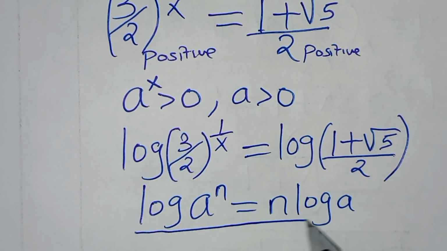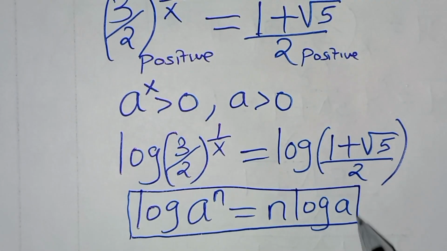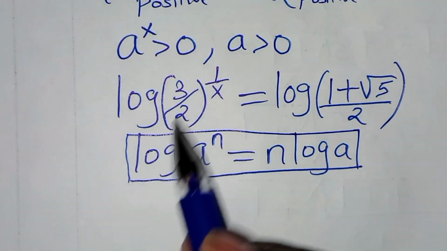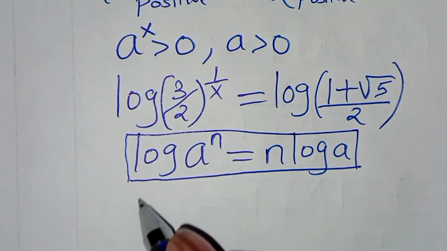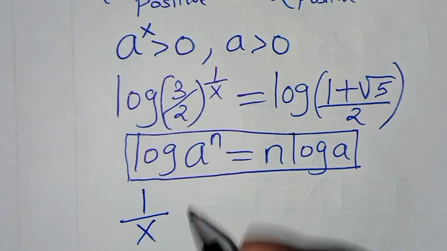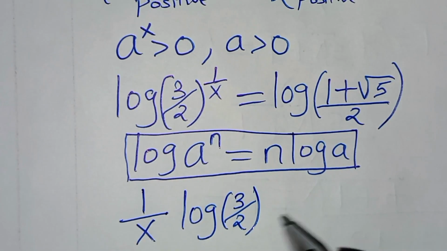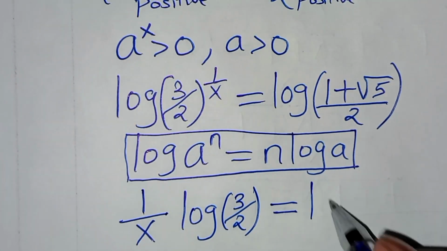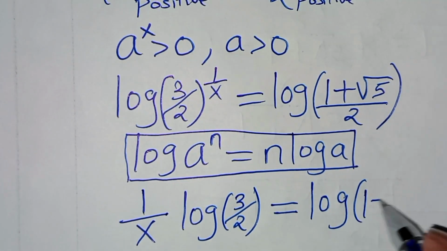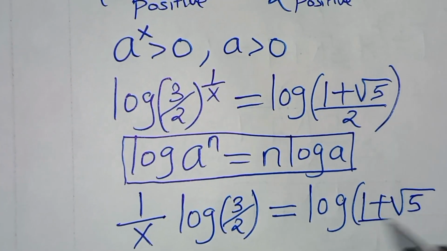Applying this power rule property, it is the same thing as (1/x) log (3/2). This is equal to log of (1 + √5)/2.